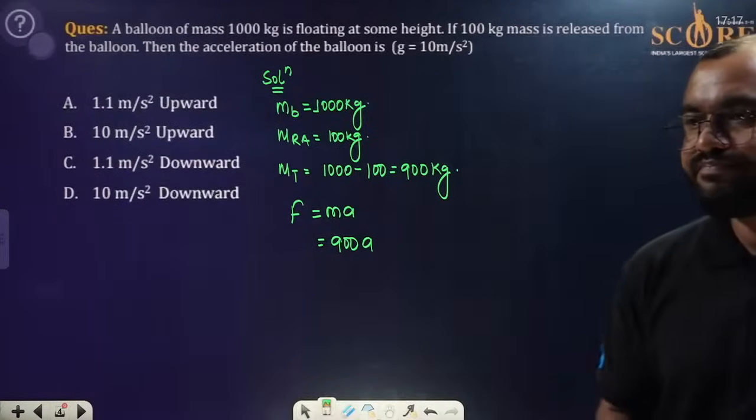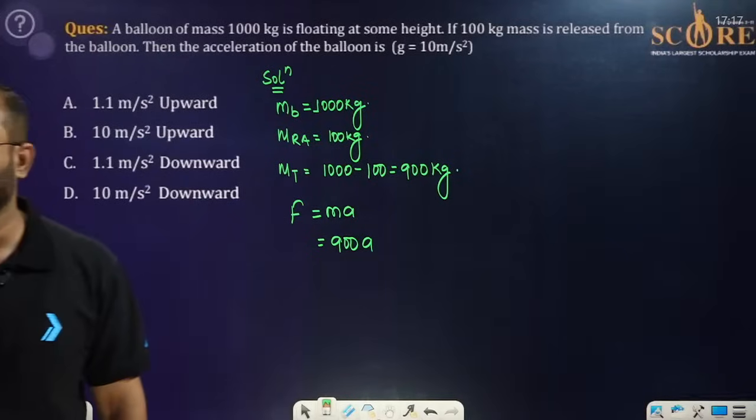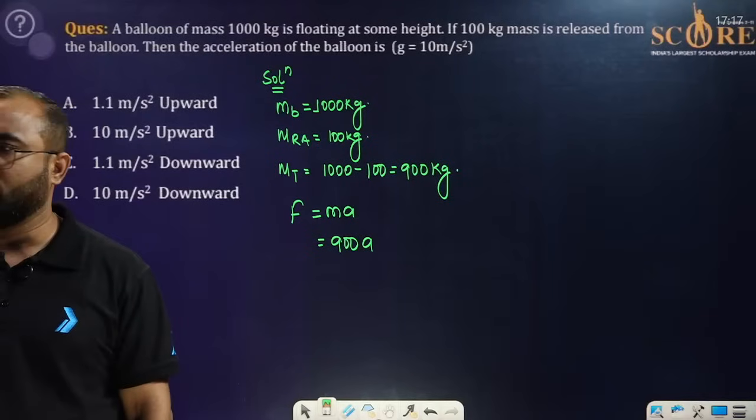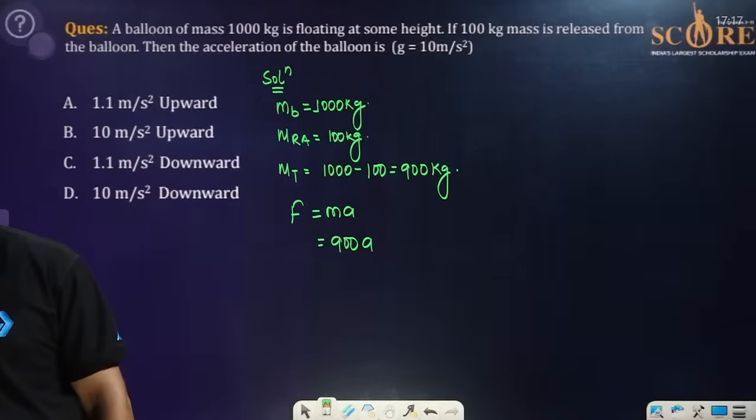What is the problem value? F minus mg. What is the problem? F minus mg. So what will be the force then? F minus mg. Very good. Okay. What will be the value of F over here? Come on, tell me now. Anyone?